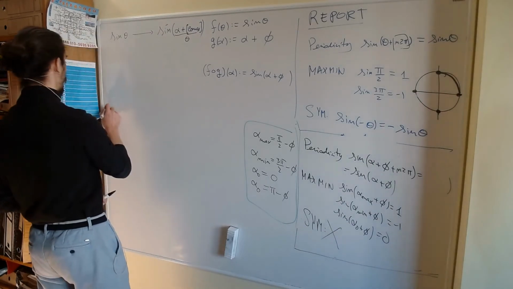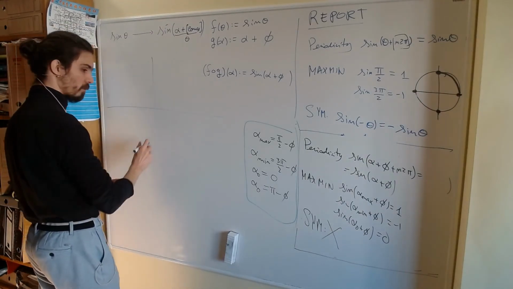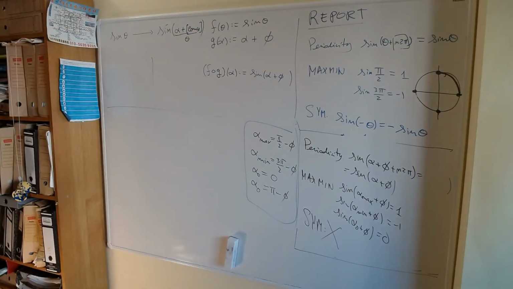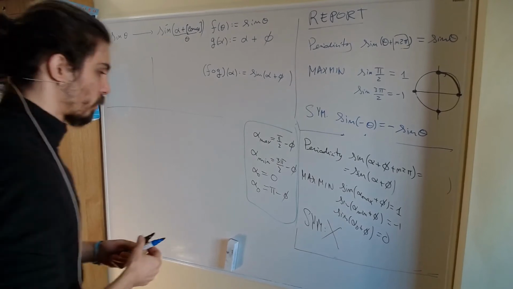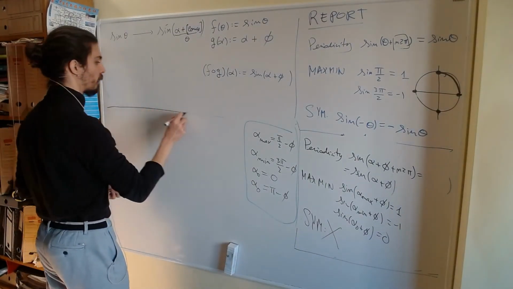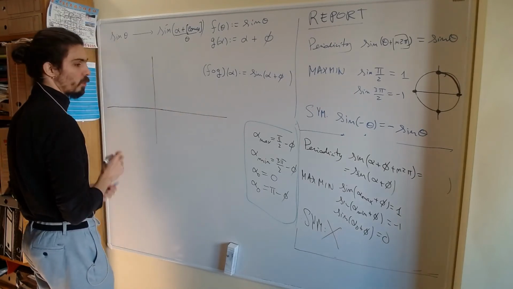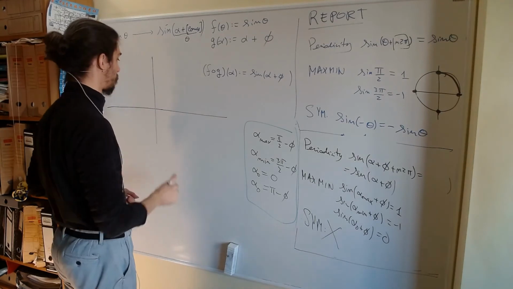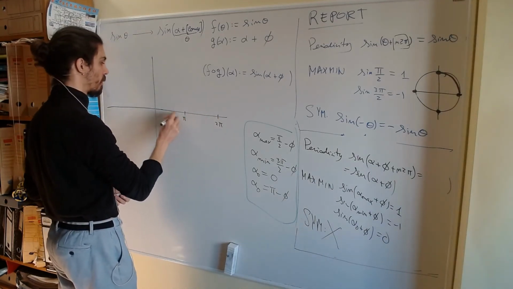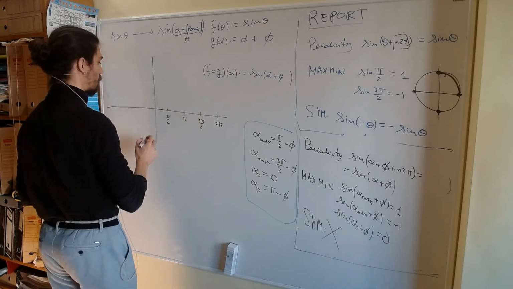So here again is our function. I have to use another color, I use the black. We mark the important points, first 2 pi, and then pi, and then pi divided by 2, 3 pi divided by 2, right?